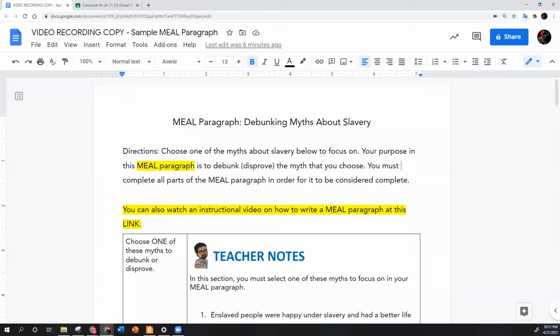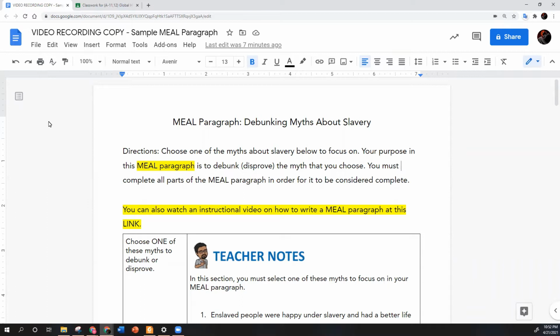All right, so what you're seeing on the screen is the sample MEAL paragraph. You can find completed samples in the Google Classroom. This sample looks a little different from the one you're working on, because I have a lot of notes and I'm going to be explaining how to do things.